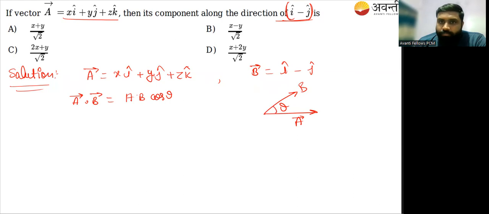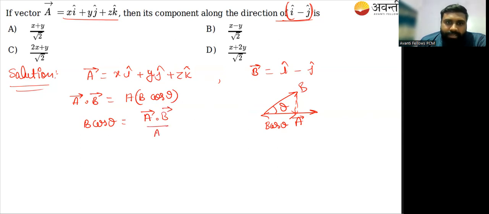Now, if you take the component of B vector in the direction of A, this component is nothing but B cos theta. So, B cos theta is the component of B in the direction of A. So, here you can also say that B cos theta will be equal to A vector dot B vector divided by magnitude of A vector.